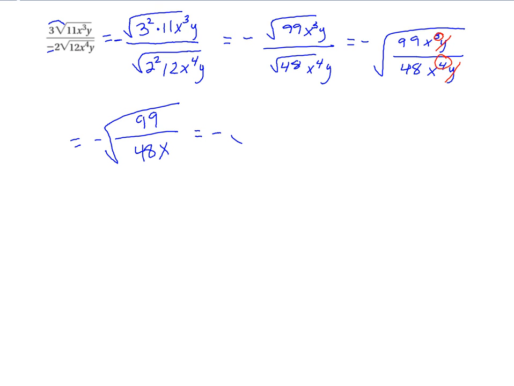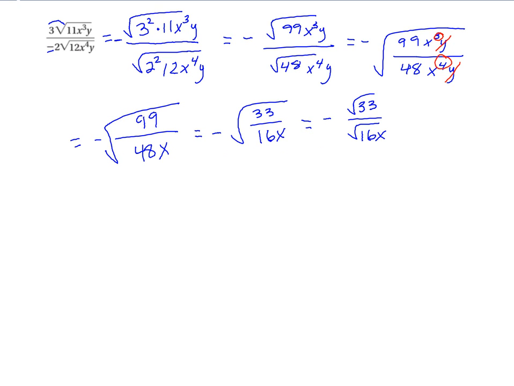So equals negative square root 33 over 16x. And now I want to split it up. There's nothing else I can simplify, so negative square root of 33 over the square root of 16x.